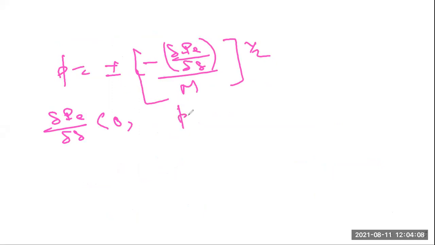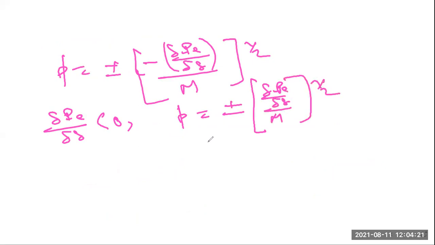What will happen? This becomes negative, and this negative becomes positive. So the roots will be real, not imaginary. One root will lie here, another root will lie opposite to that.